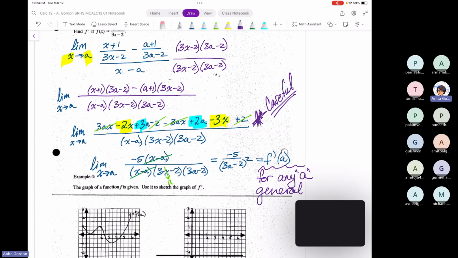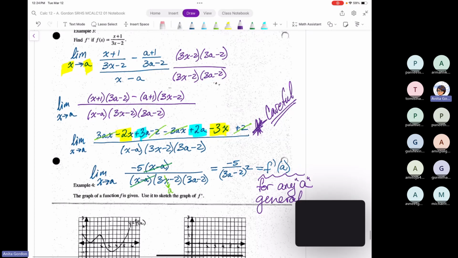I can put any value for a and find the derivative at that point. Does that make sense? So this method, because I'm using two x values, I have to call them different letters. With the h method, I only have one x value, so I can maintain the letter x, the variable x. Okay, this was a bit ugly, but doable.